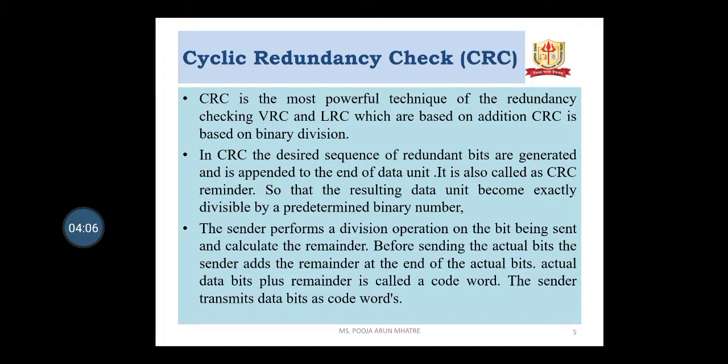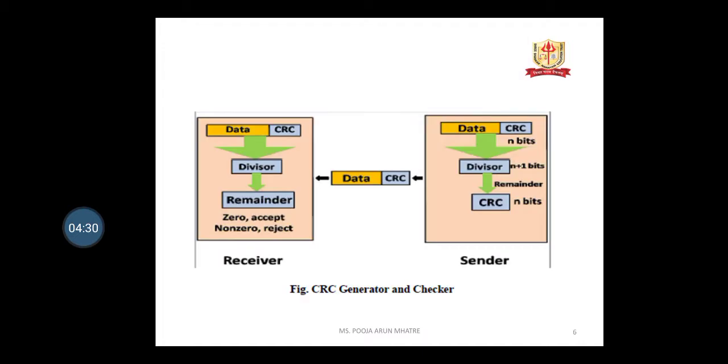The sender performs a division operation on the bits being sent and calculates the remainder. Before sending the actual bits, the sender adds the remainder at the end of the actual bits, and the actual data bits plus remainder is called a code word. So the data is transmitted as code words.